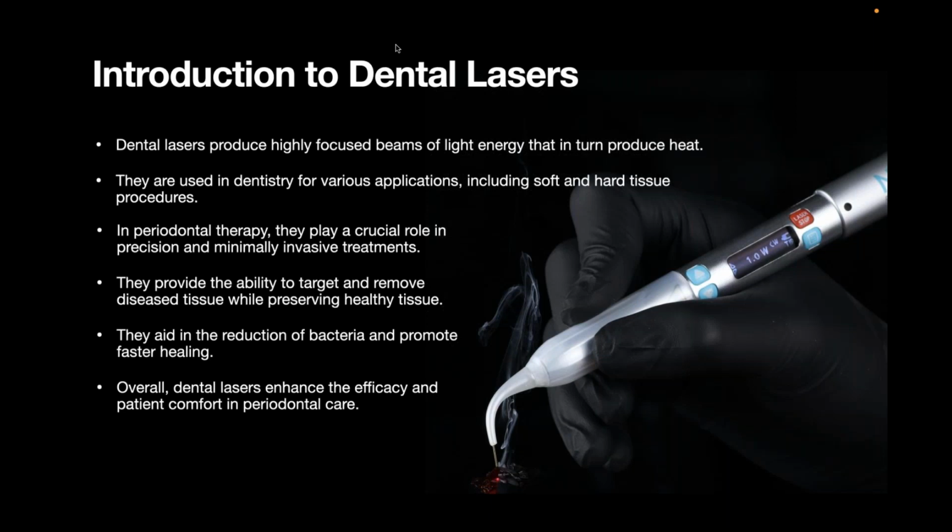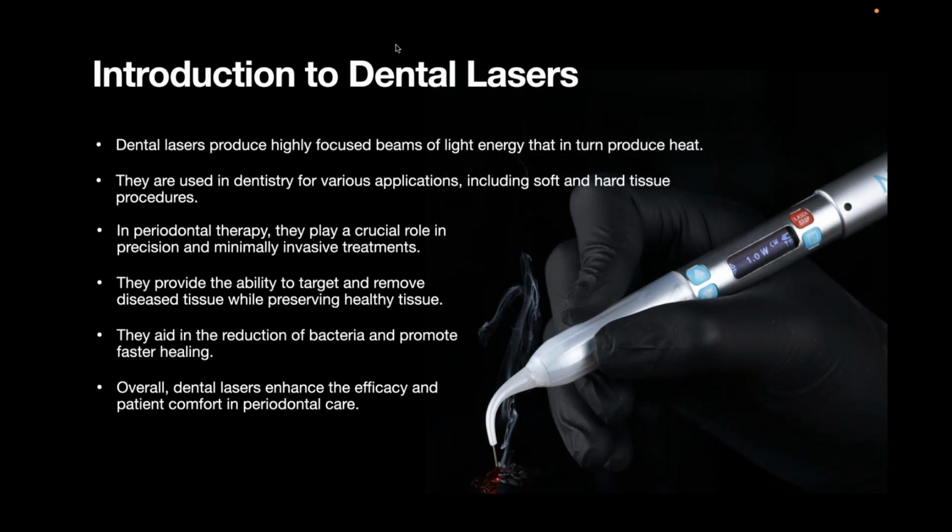And the last part of why healing is so much faster when we're using lasers is because they're so precise. We're only removing 3 to 5 cell layers thick, and that's it. So the healing process is so much faster, especially when we're talking about frenectomies. When we're doing a frenectomy, we don't need to do sutures because everything is cauterized, there's no bleeding, and within a week that patient's going to be ready to go, as opposed to having to come back in a week to remove sutures.